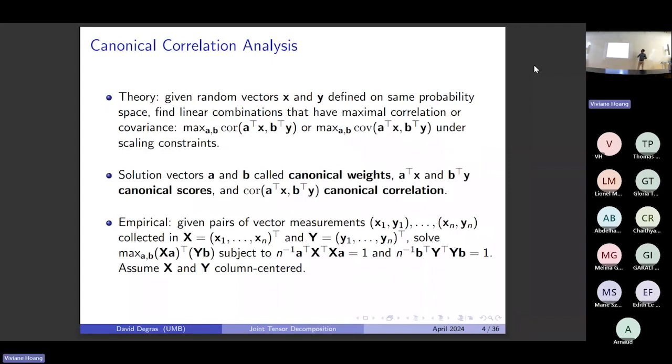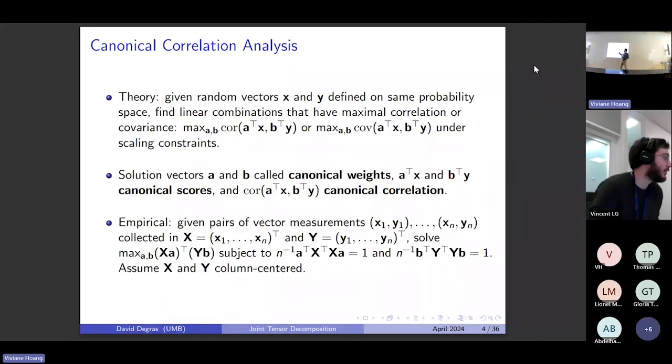So a little reminder on canonical correlation analysis. This is a very old technique. It was coined in 1936 by Harold Hotelling. You have two sets of vector measurements taken on the same subjects. And you're trying to find linear combinations of the variables in each set that are maximally correlated across the sets.